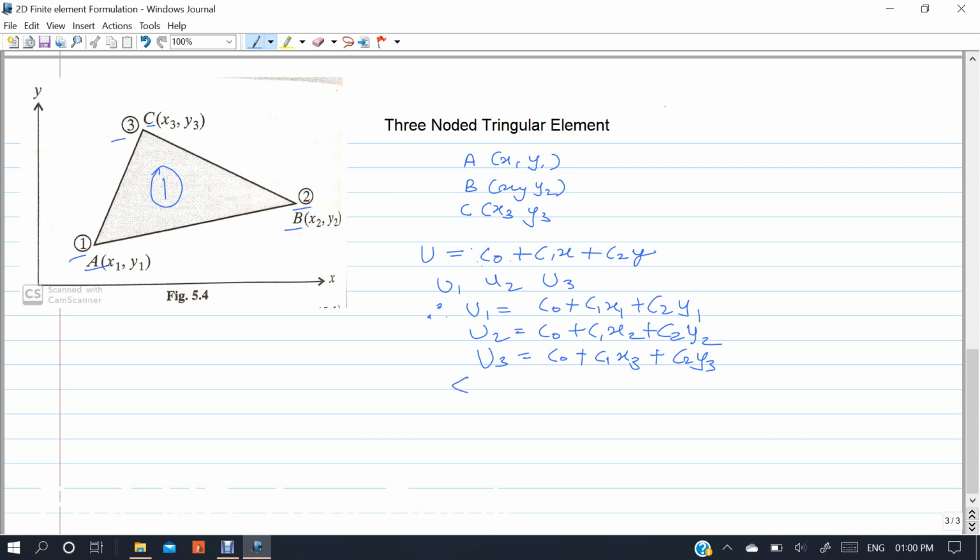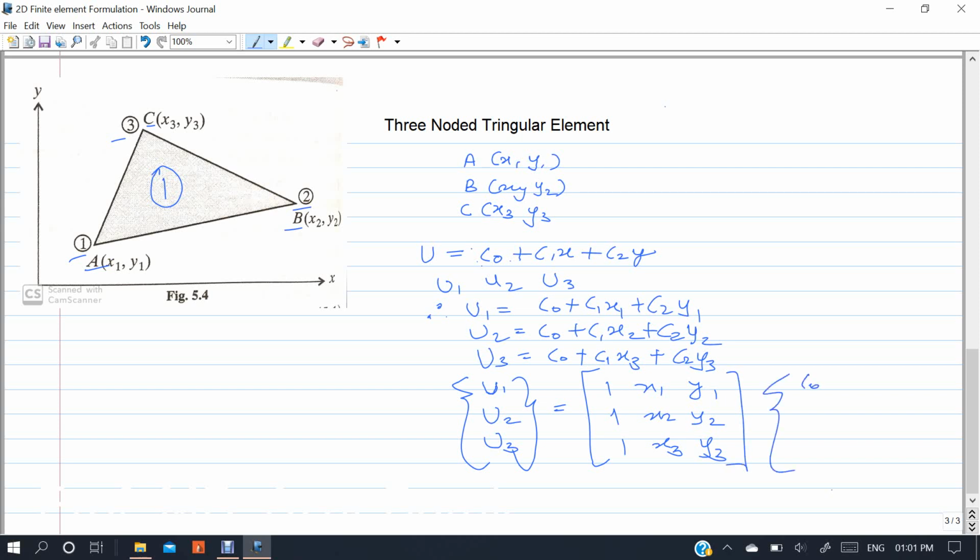It will be in this way: u1, u2, u3, as we used for 1D element analysis also, equal to the matrix 1 x1 y1, 1 x2 y2, 1 x3 y3, times c0, c1 and c2.